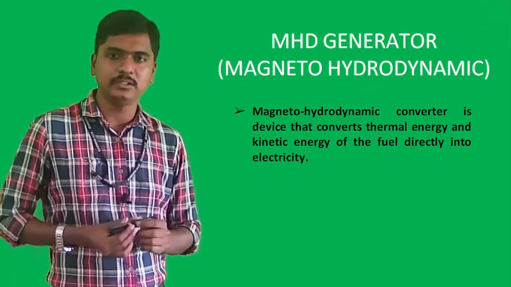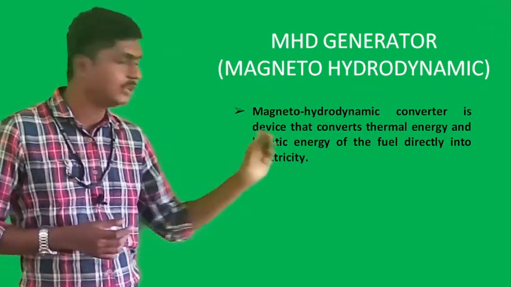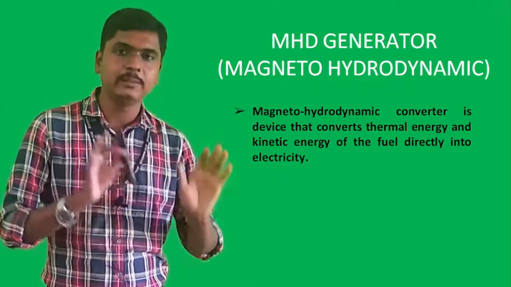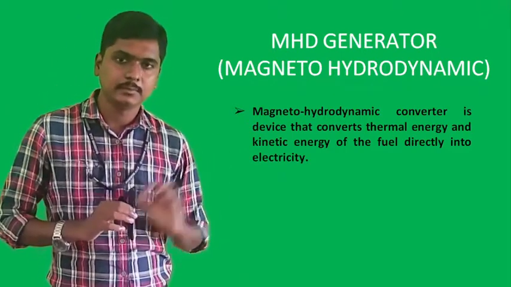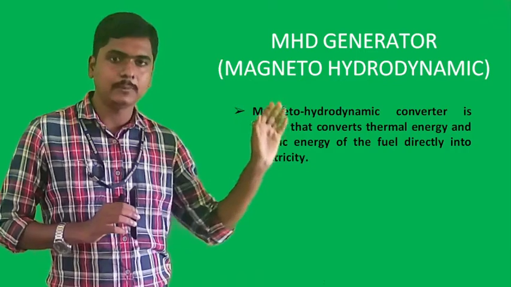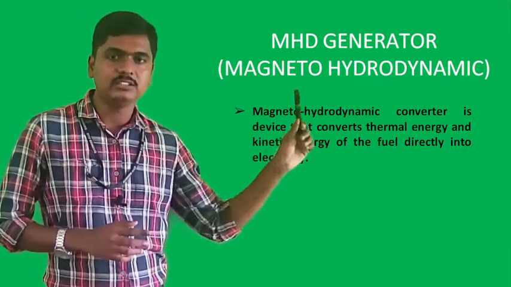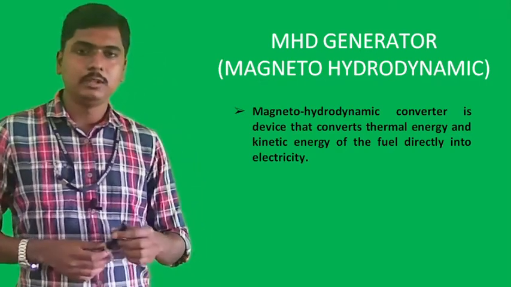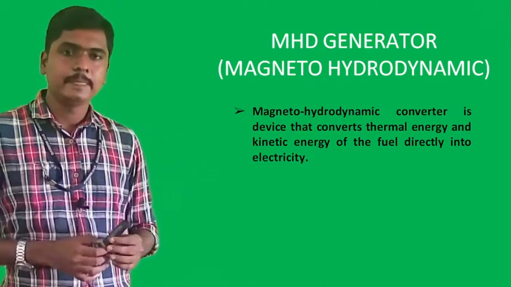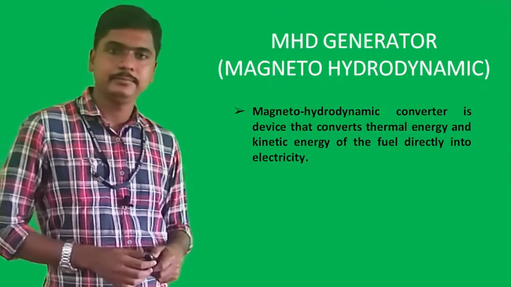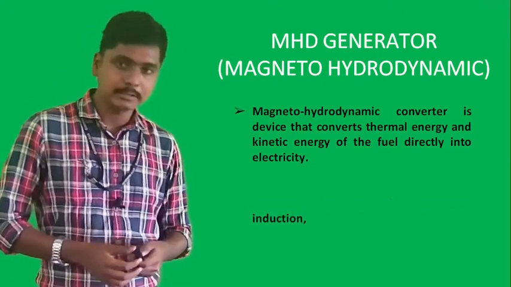Here also you can see we are not producing mechanical energy. From the kinetic energy and thermal energy directly we are getting electricity. So the MHD generator also comes under direct energy conversion techniques.